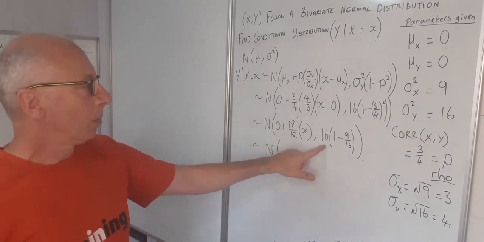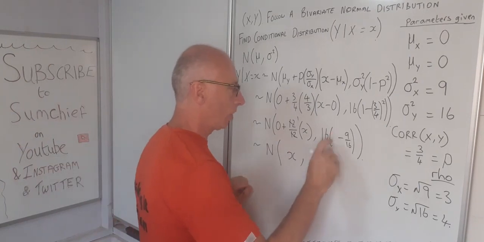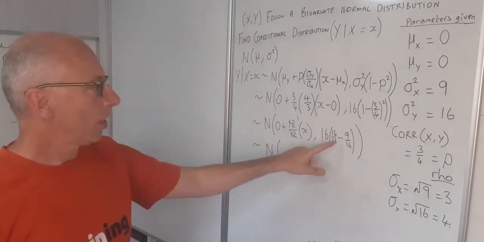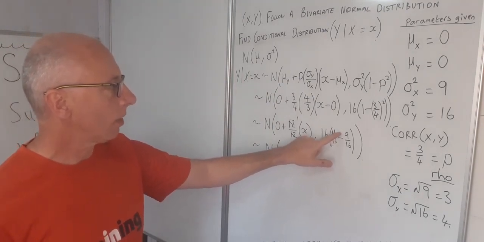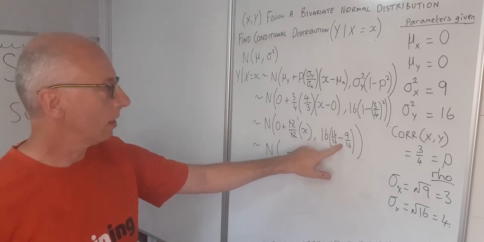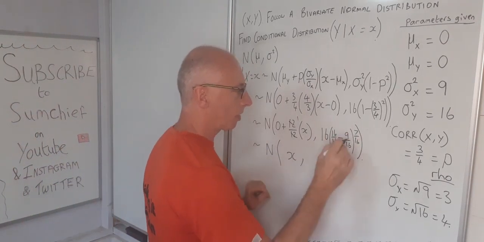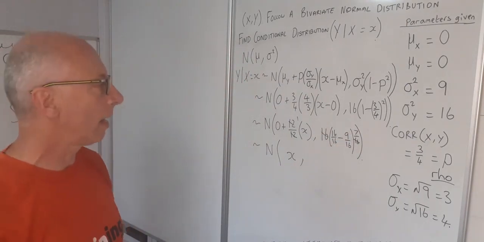This one is going to be a little bit more complicated, but I'm sure we can get there. So we change this 1 to 16/16. So now we've got 1 minus 9/16, which will give us 7/16. So that's what we'll have so far. But then we multiply by 16 and these two will cancel out.